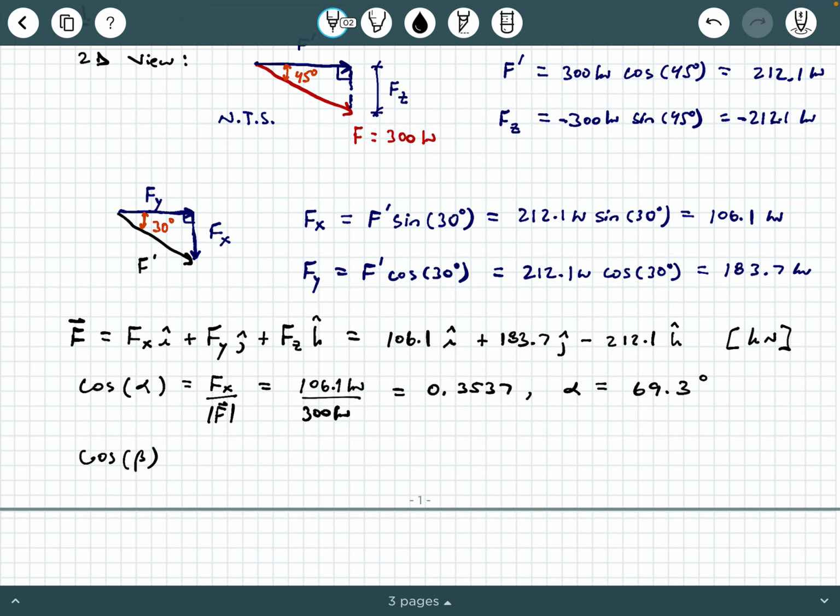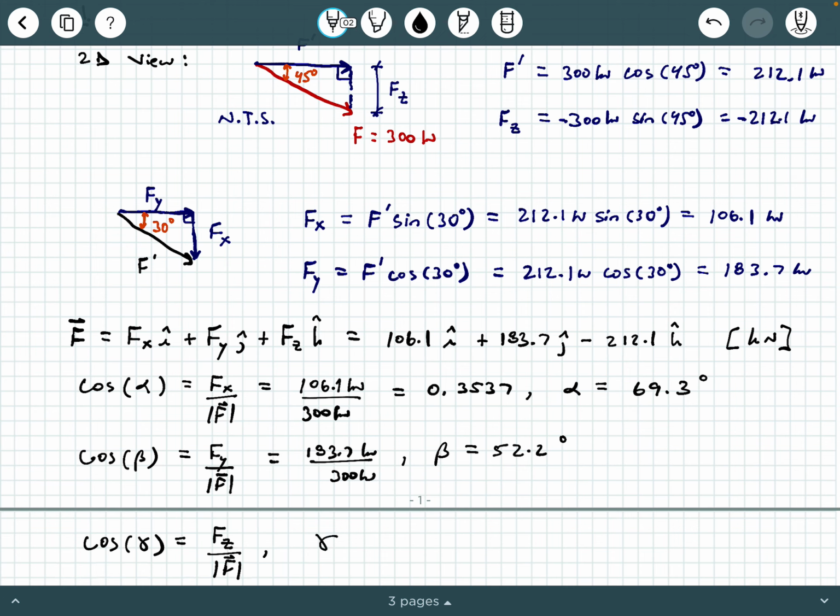And then I'm going to do something similar with the other coordinate direction angles. Cosine of beta is fy over the magnitude of f. And so that's just going to be 183.7 kilonewtons over 300 kilonewtons. And let's punch that in our calculators. 183.7 divided by 300, and then arc cosine of that. And so for beta, I get 52.2 degrees. And then similarly, cosine of gamma is fz over the magnitude of f.